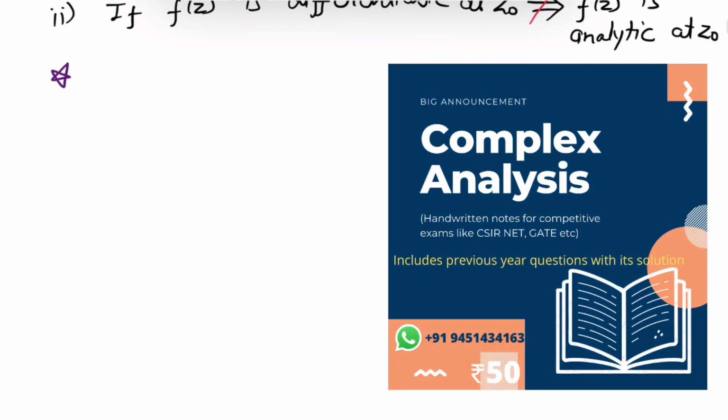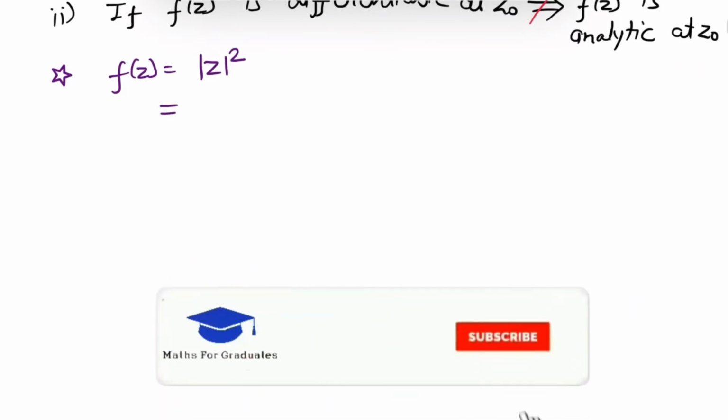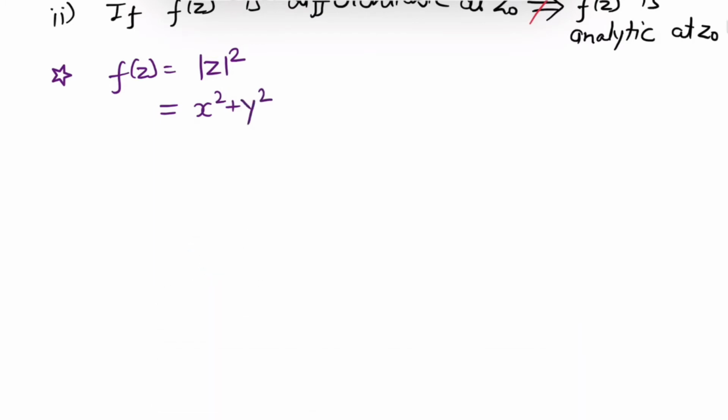We have function f of z equals to modulus of z square. Okay, so this function is nothing but x square plus y square. So its real part is x square plus y square and imaginary part is 0.